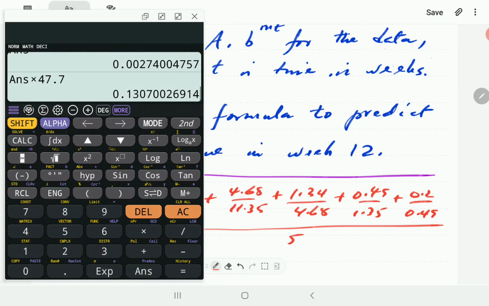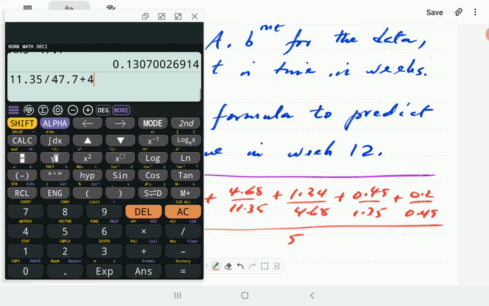So let's see what this works out to. So we have got 11.35 divided by 47.7.